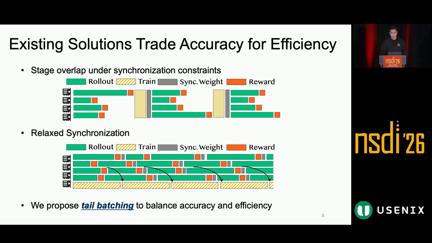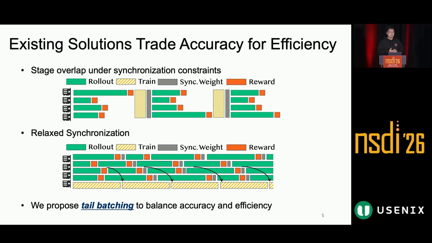The second is relaxed synchronization, adopting a more aggressive asynchronous RL training as a trade-off to saturate GPU resources. However, these approaches may compromise the on-policy RL training semantics and lead to degraded accuracy and stability.